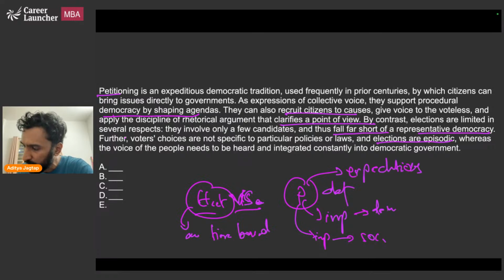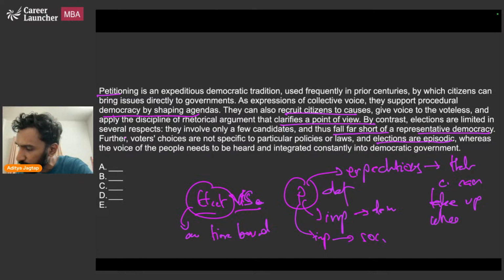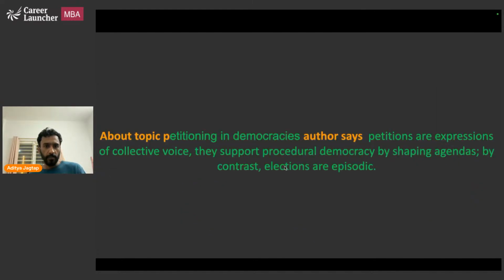Or to simplify, petitions are something that citizens can take up whenever they want, right? Whenever they want.